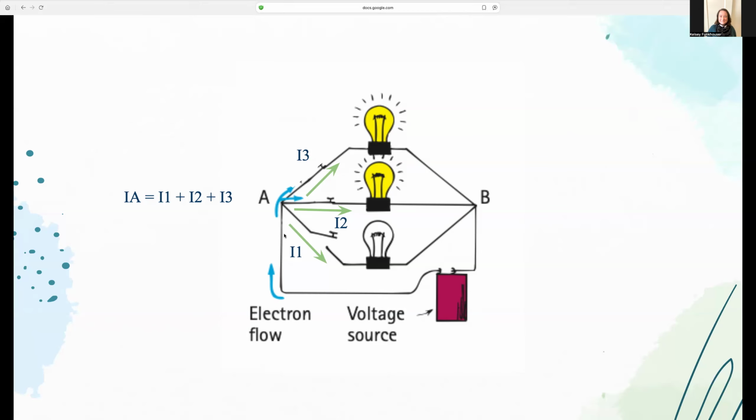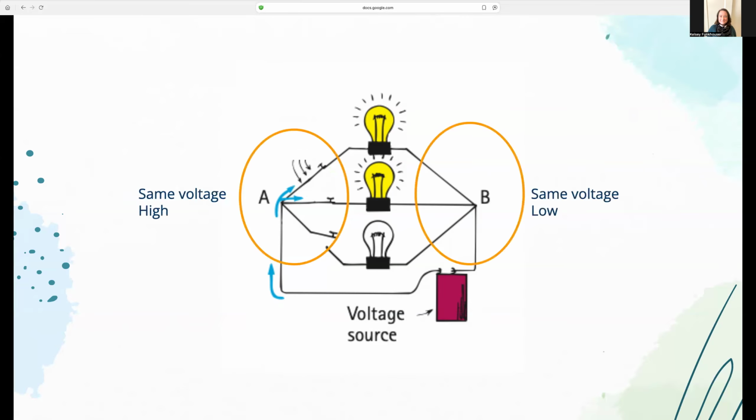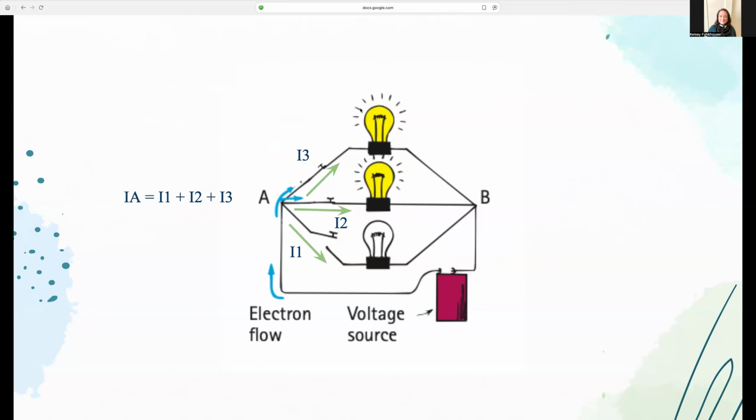So for example, going in, we have current, current is just called I, current A, and then it splits between each of these paths, but the current through each path adds up to be the same as the current that went in. And then the same is true for the other end. For when it comes out of B, they all combine again to get the same current.